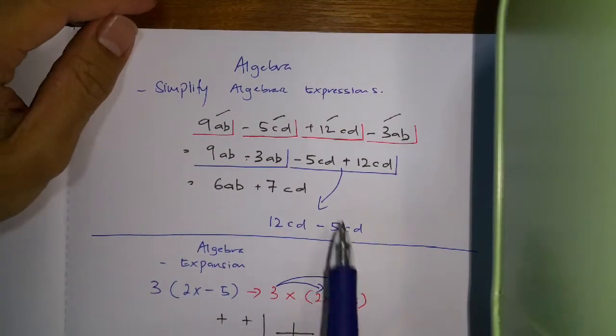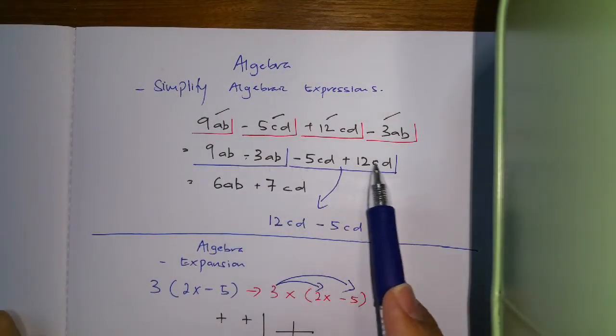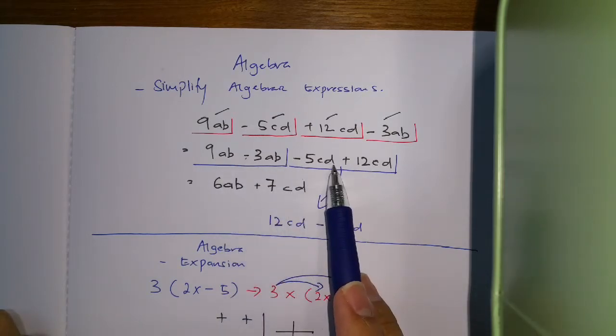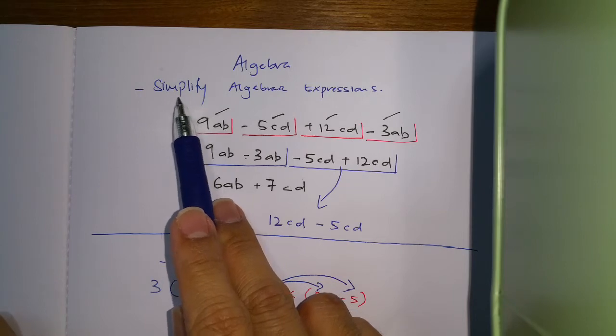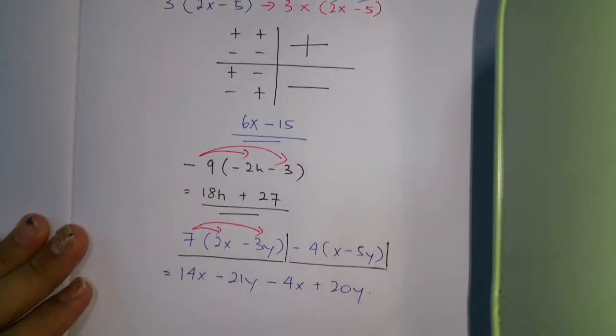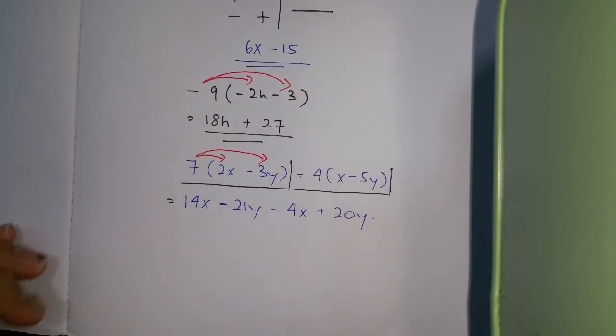What you have gotten is basically this kind of expression. If you can remember, we have just gotten this expression, which you now have to simplify as an algebraic expression. So that is why you have to understand algebraic expressions first, on how to simplify them, then you can do your expansion properly.